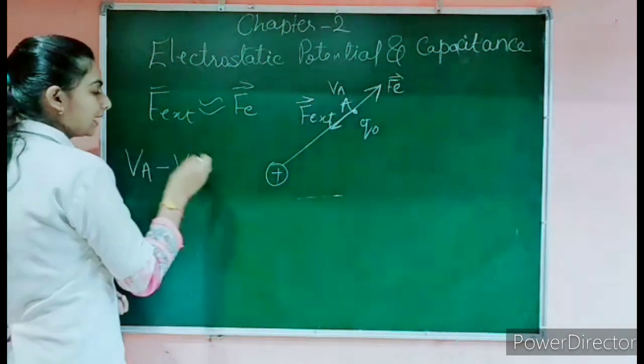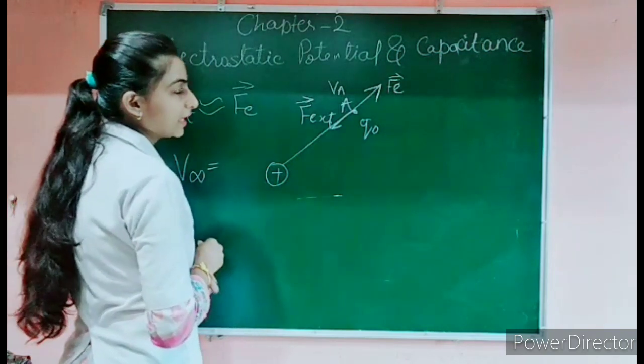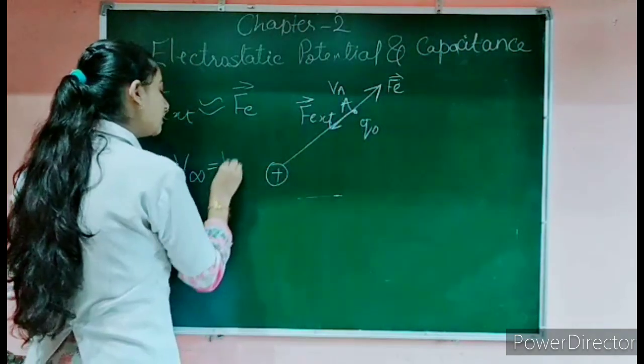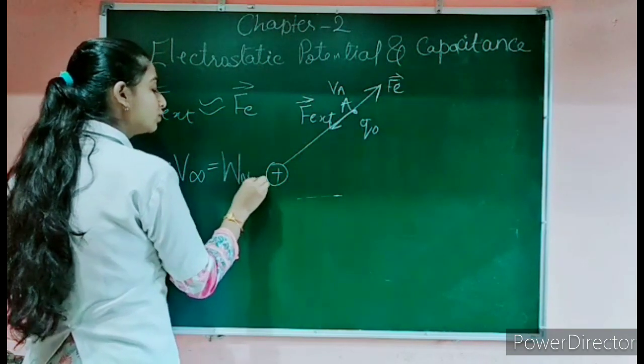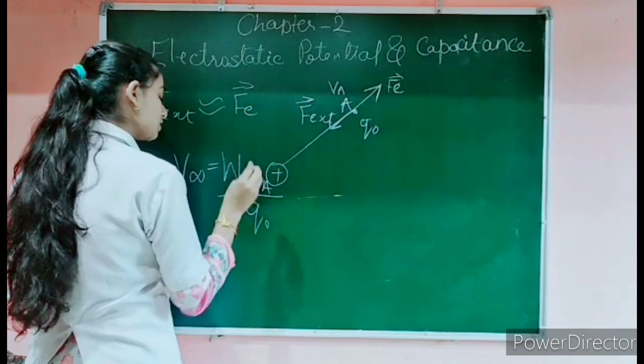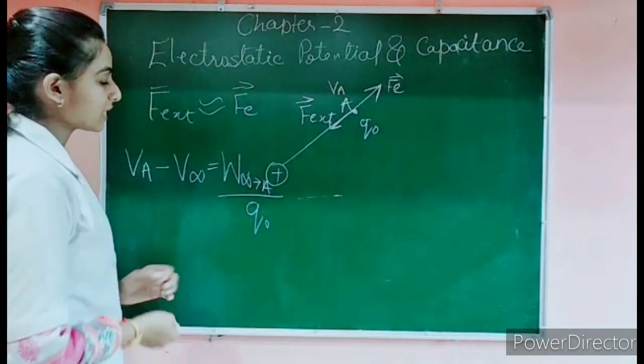The potential difference from infinity to A will be equal to the work done in bringing the charge from infinity to A, W infinity to A, per unit charge, that is, the value of the test charge present.